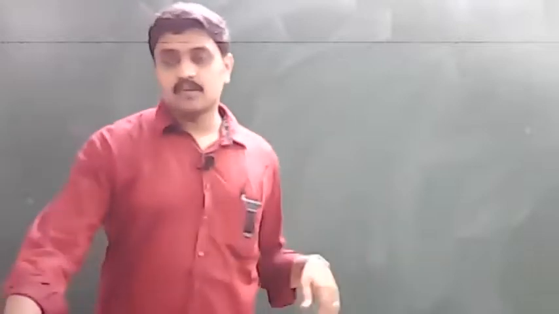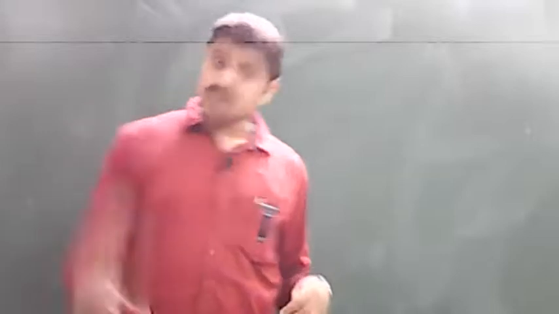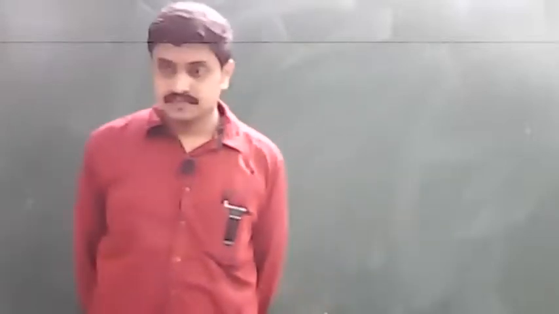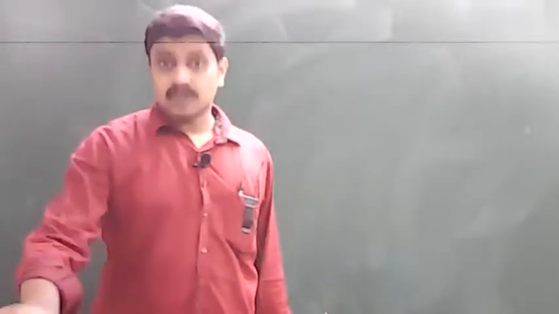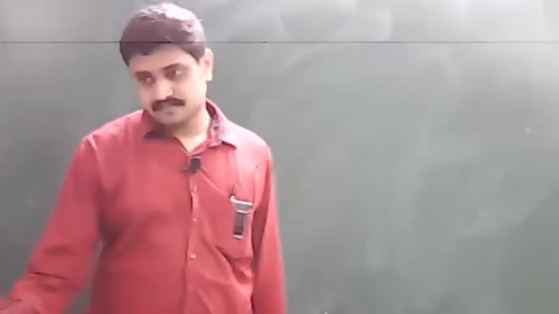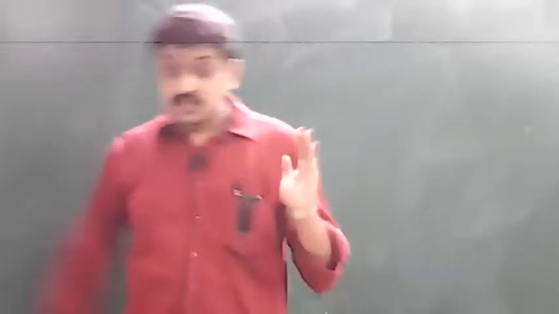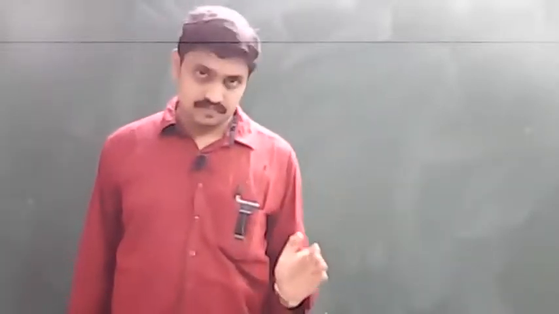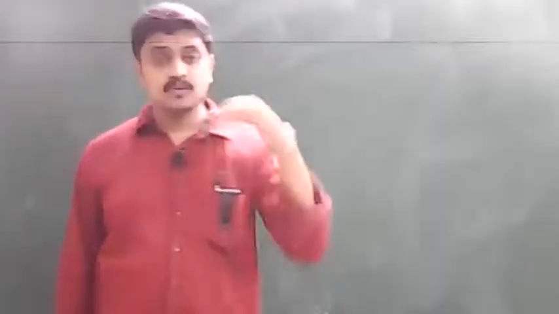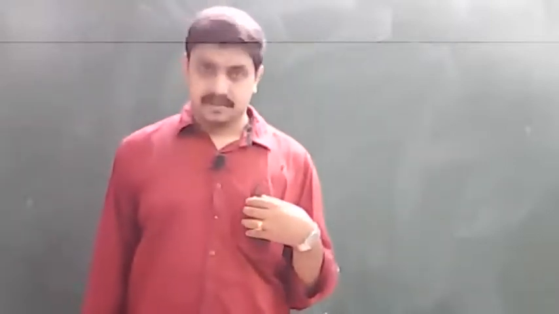Today we are studying the safety precautions. What safety precautions do we need to take when running a nuclear power plant or using nuclear energy? First, we start with the safety measures while establishing a nuclear power plant, where we can establish one.